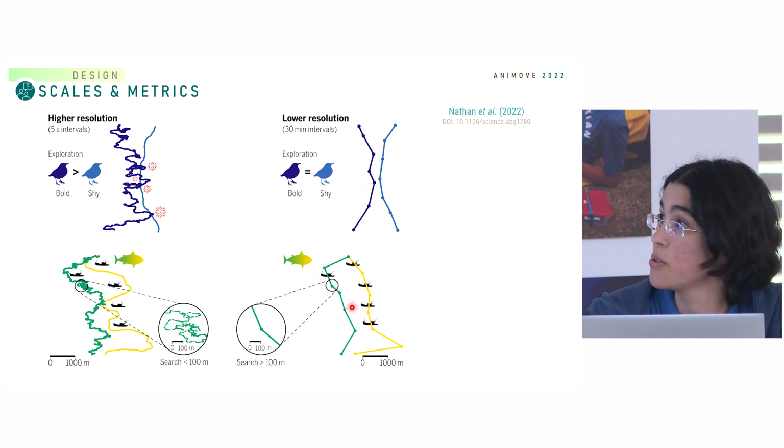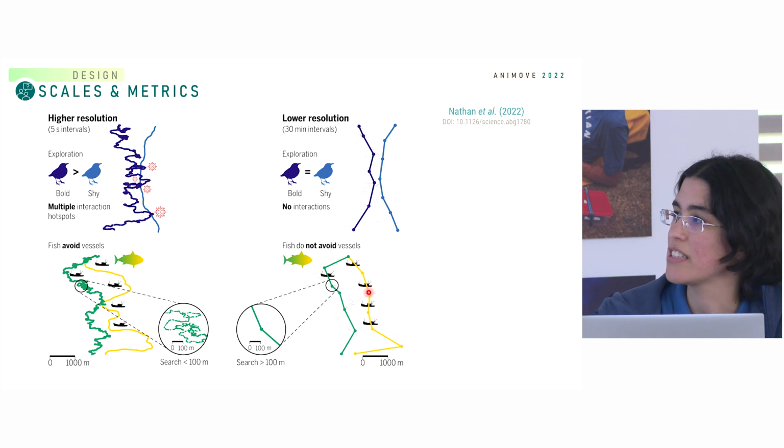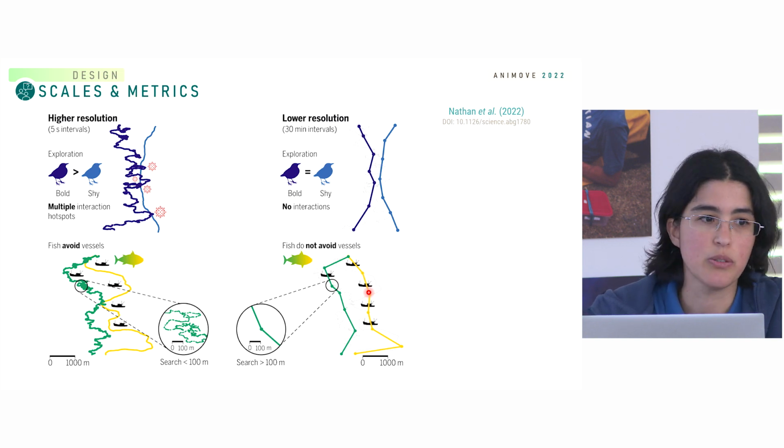But with low resolution, 30-meter resolution, the tracks would go through, so you might think they are not avoiding the vessels. So this is not specifically related to CTMM, but it's general advice: you need to consider the resolution of your data versus whatever behavior you're trying to detect.